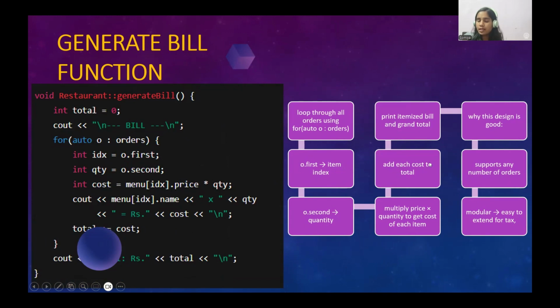We will be adding each cost in order to get the total, and cout will show the grand total to the user. Why is this design good? Because it supports any number of orders and it's easy to expand for tax.